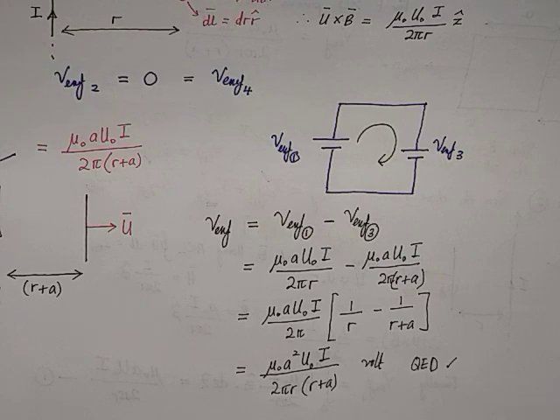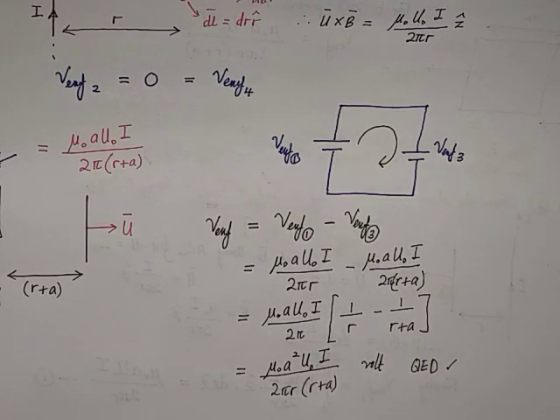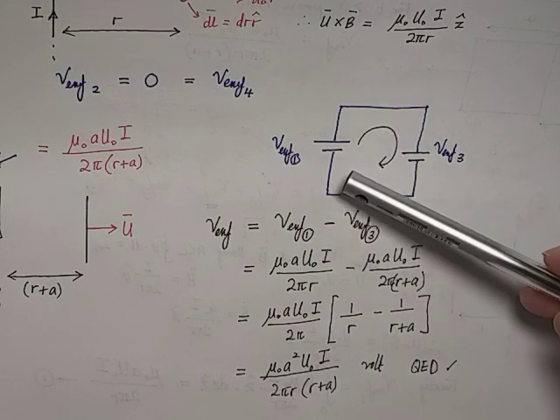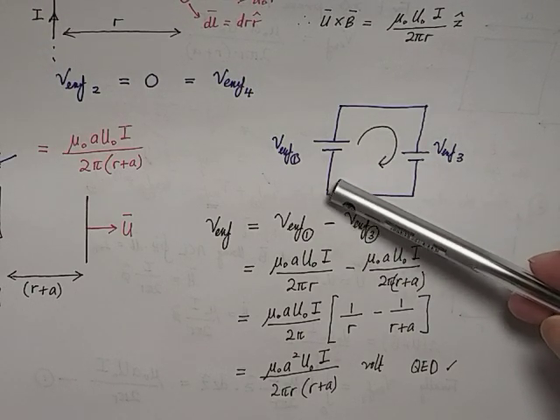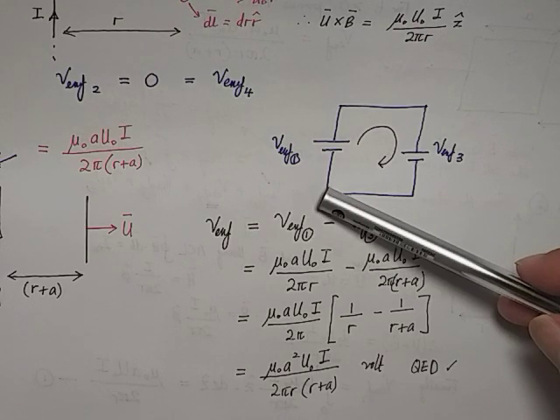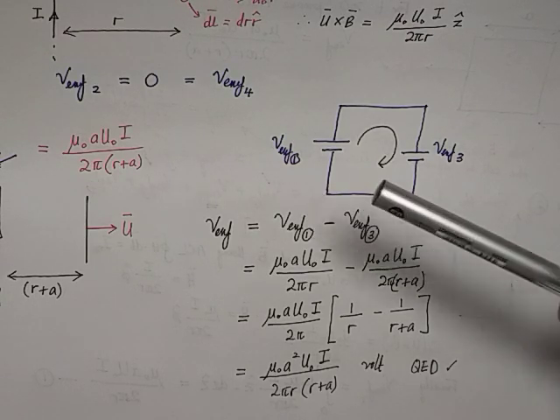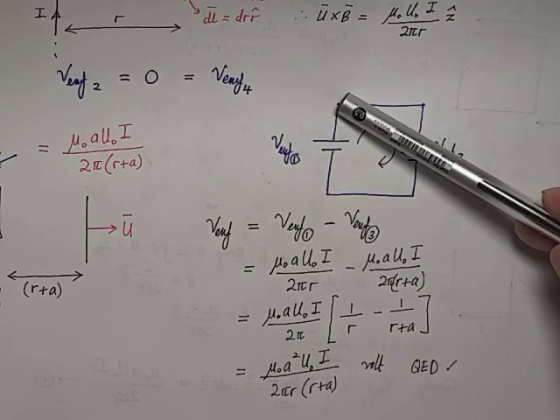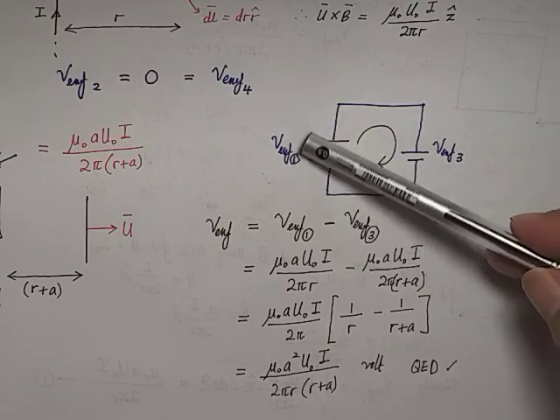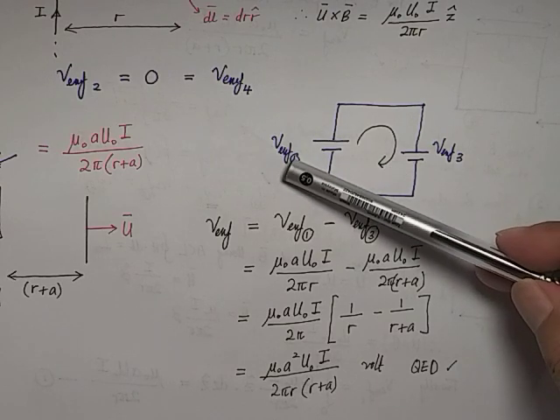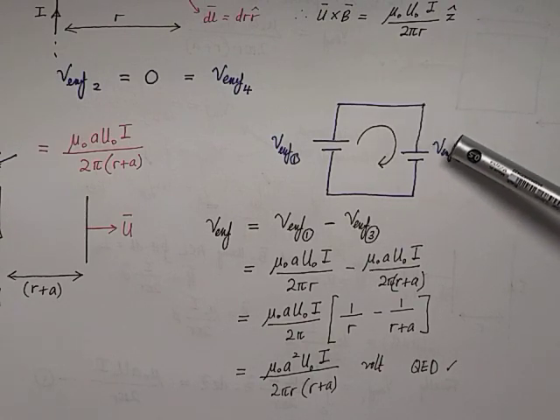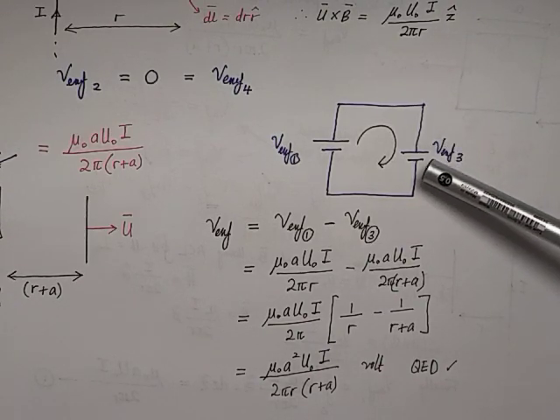So there you are. What I'd like to address here is that the notation of your induced EMF will depend on the limit of integration you are taking in the problem. So the way I'm taking the limit of integration from 0 to A, and I'm having the solution to be positive, I draw the battery orientation to be as such. Since I'm also taking the limit to be the same from 0 to A, and it's also producing the same positive sense, I'm going to draw it as such.